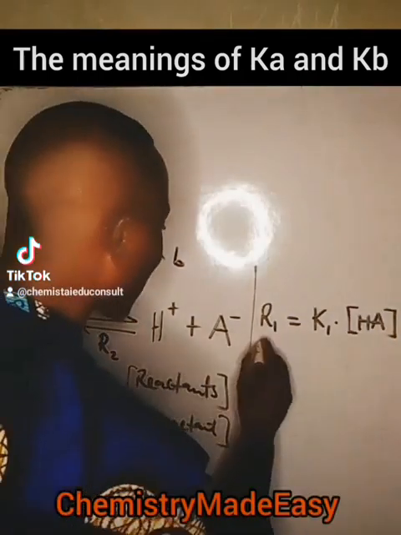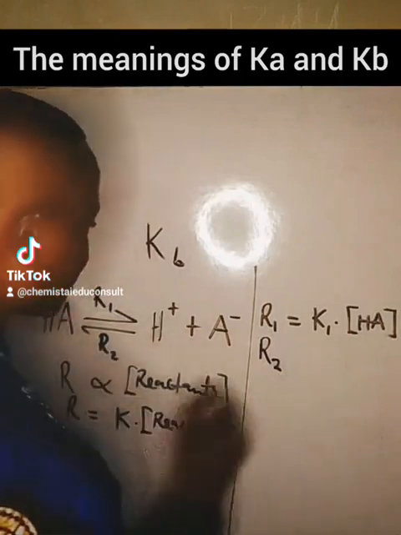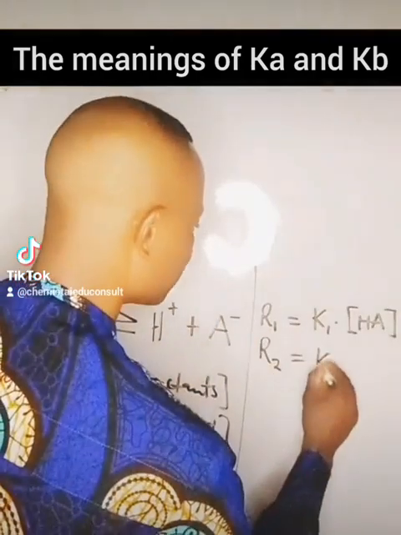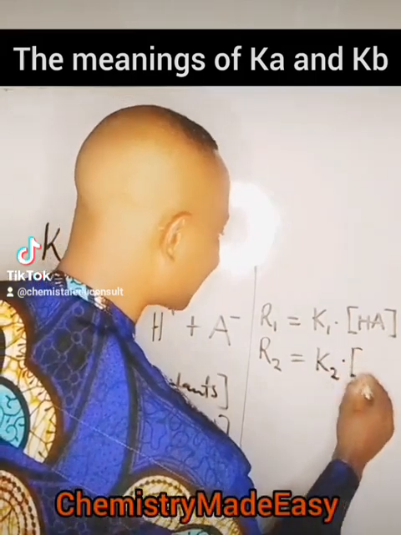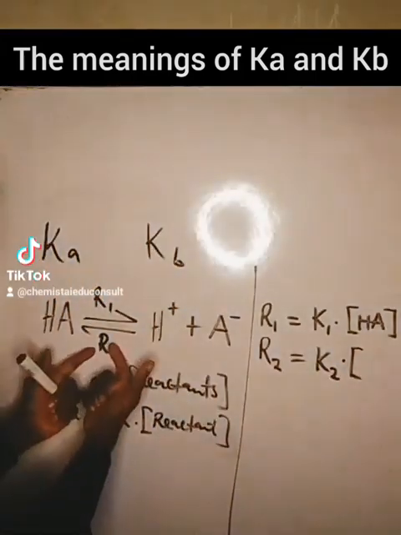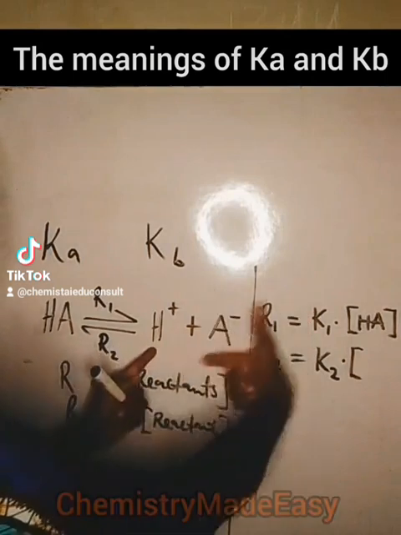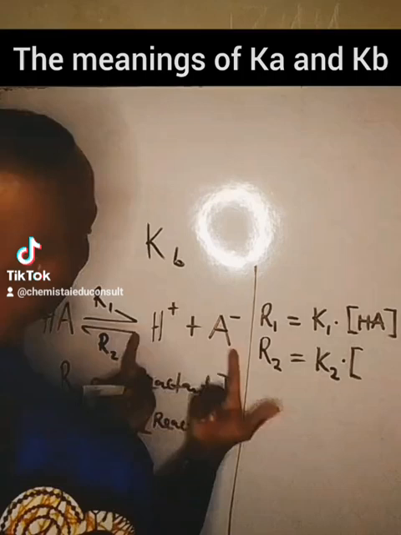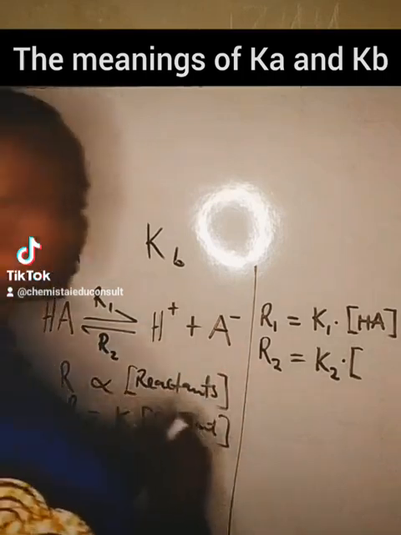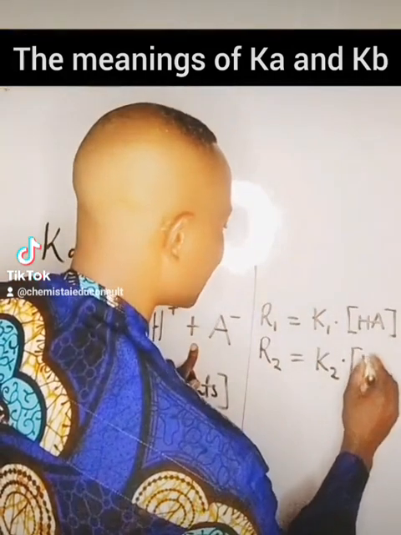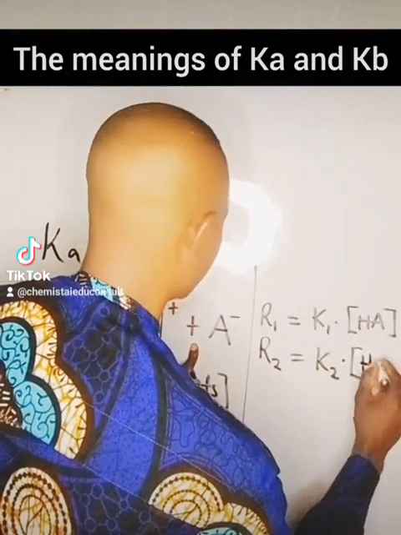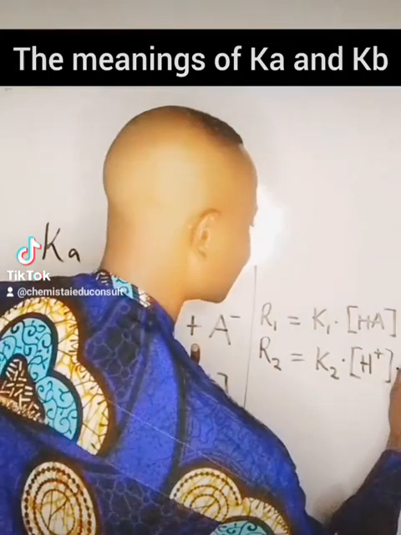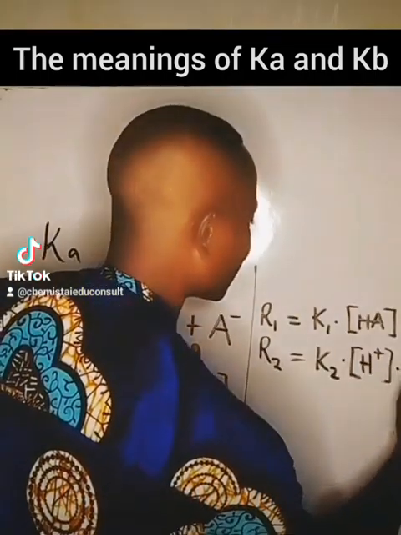For backward reaction, R2 is equal to K2 times the active mass of the reactants. So for R2, the reactant is now the product of this equilibrium reaction. These are acting as reactants since they combine to form this. So the reactants are H+, the concentration of hydrogen ion, times the concentration of acid radical.